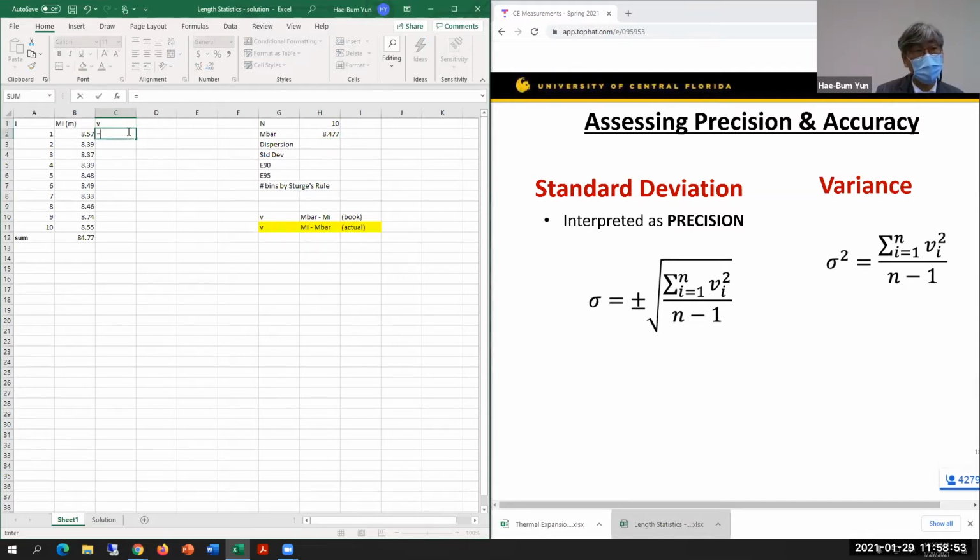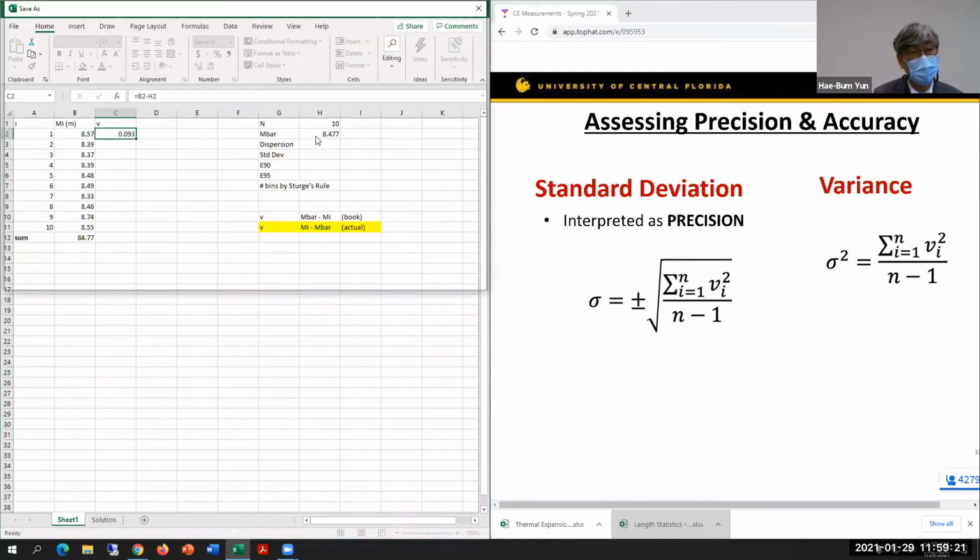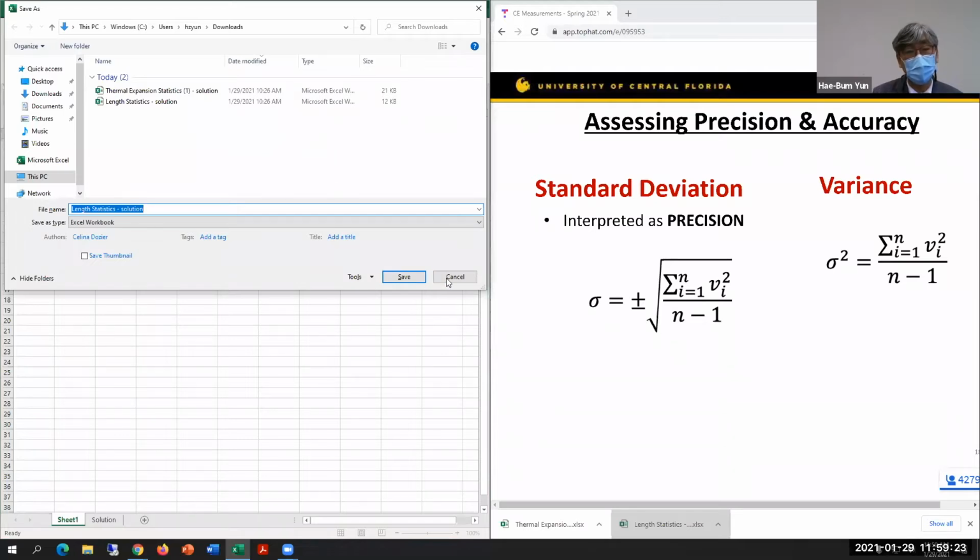So it is equal to this Mi minus M bar, right? But this M bar will be used repeatedly, so I'm going to fix this M bar by pressing F4, right?